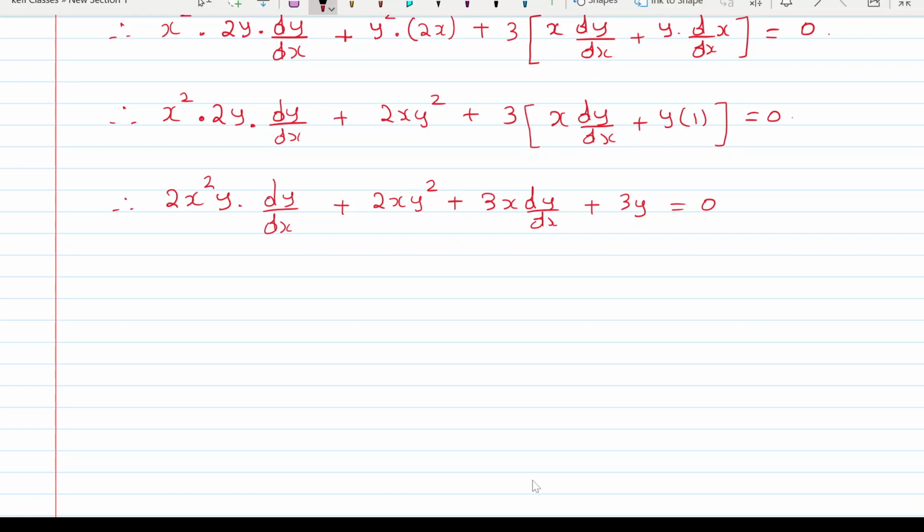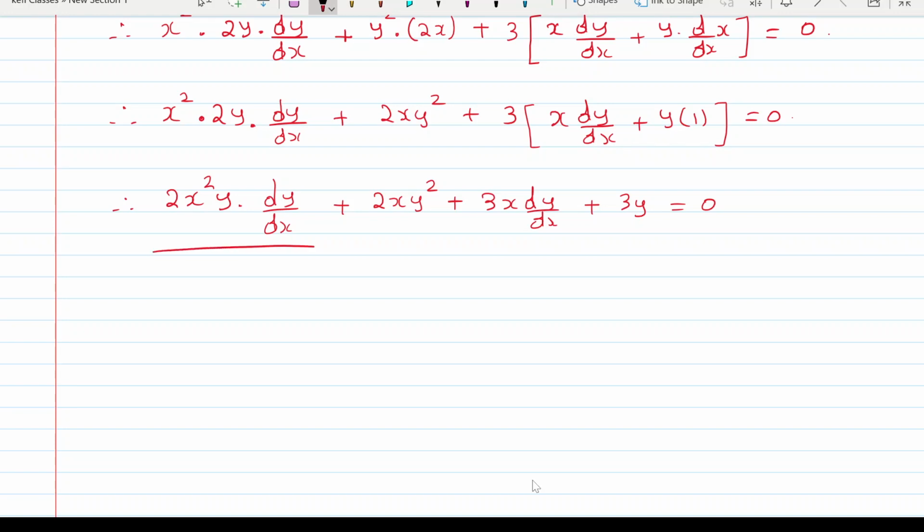Wherever you get a function of y, take its derivative and multiply by dy by dx. Okay, that's the second step. Third step में dy by dx सब left hand side में रखना है. जितने भी dy by dx terms है, everything has to be brought on the left side. If they are on the right hand side, bring them on the left hand side. ठीक है? Right now there is nothing on the right hand side, everything is on the left hand side.